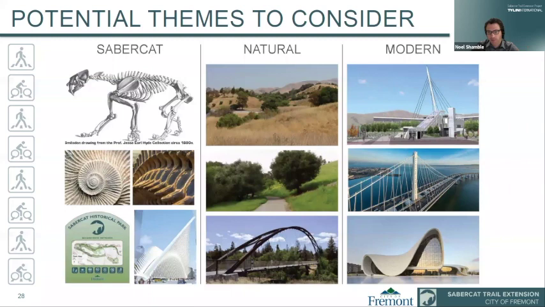And of course, Fremont as one of the cornerstones of the Bay Area, Silicon Valley, kind of tech hub, and maybe leaning into that more modern and contemporary feel might be another way to go. So really, these are just some ideas to whet your appetite, and we hope that you can respond and give us some feedback.